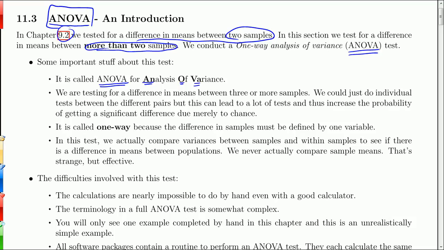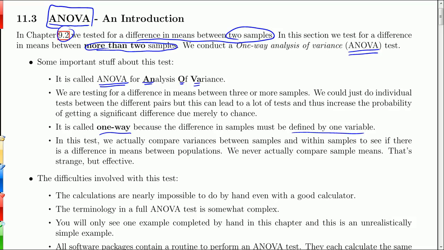So this way we're able to check for a difference in means between more than two populations and not run the same risk of observing a significant difference that was due to random variation. It is called one way because the differences in samples are defined by one variable, such as the treatment to a certain situation.